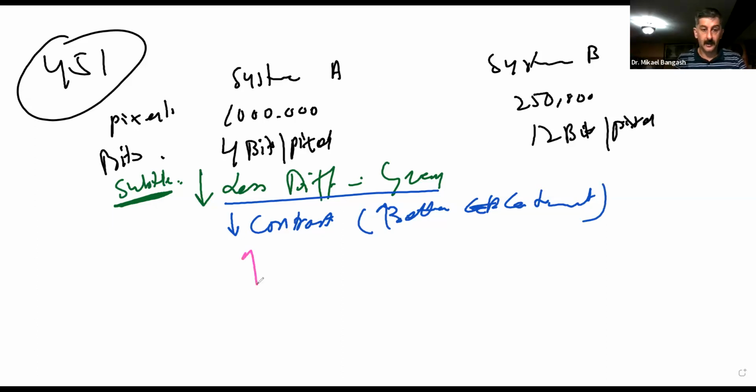It's a greater number of bits or pixels. Did that make sense?